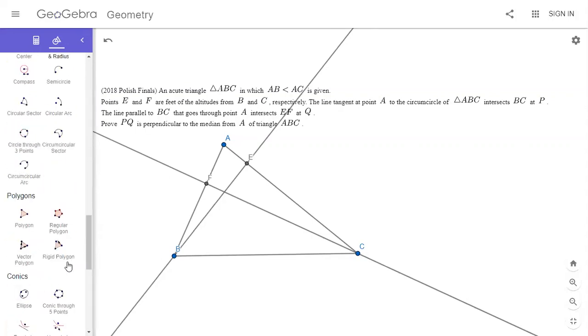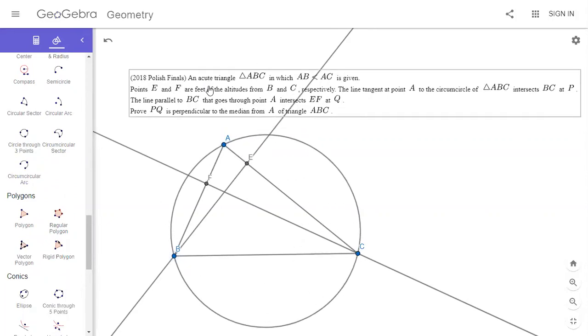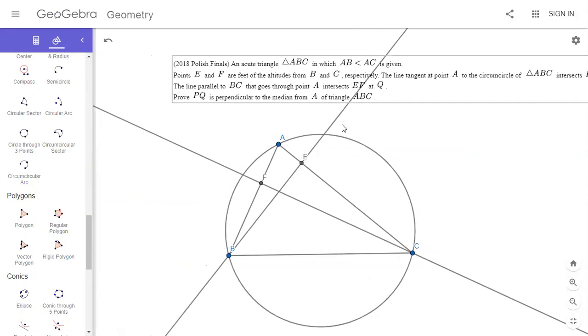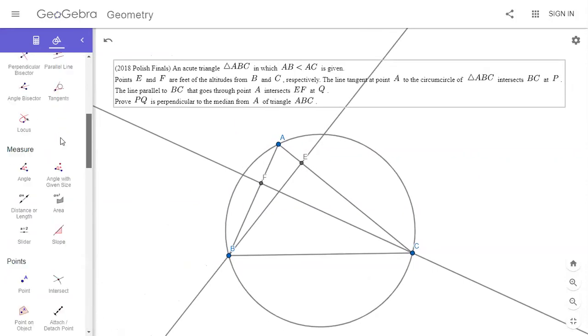So we draw the tangent to the circumcircle at A, and it intersects BC at a point P. I think P might actually be concurrent with EF.